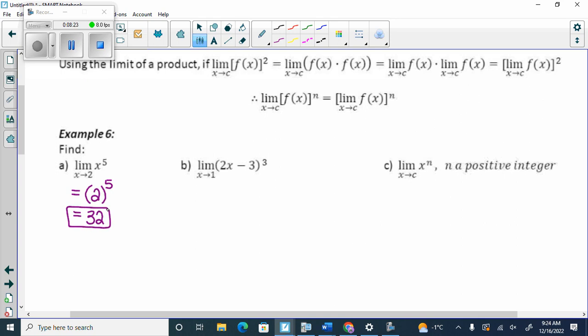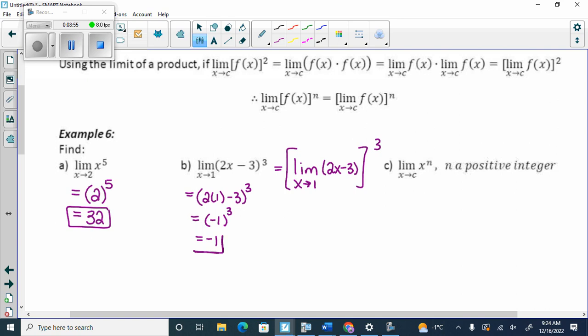So let's see if this fact is true. If this is cubed, it's saying that this should equal the limit as x approaches 1 of 2x minus 3, all cubed, if that's a true statement, correct? Let's see if it's true. I can plug a 1 in right away because it works. So 2 times 1 minus 3, to the 3, equals negative 1 to the 3, equals negative 1.